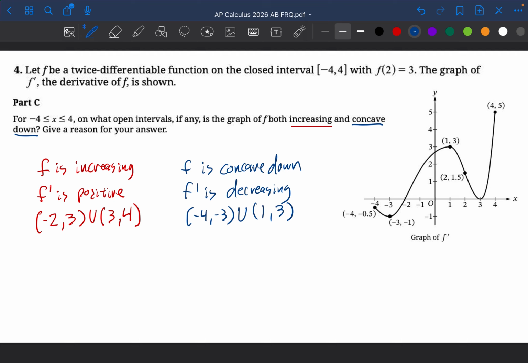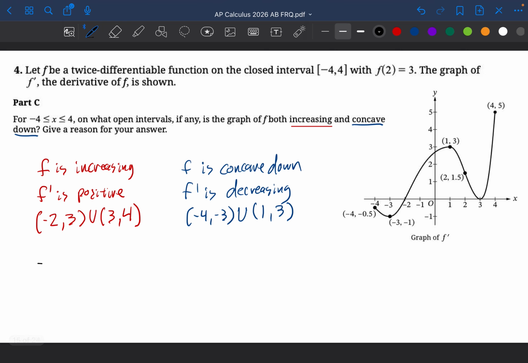Those are the intervals where the graph of f prime is decreasing. So we want to know where is the overlap. Well, from -4 to -3, that doesn't overlap with this interval at all. So next I go from this interval to this interval. Here we have some overlap.